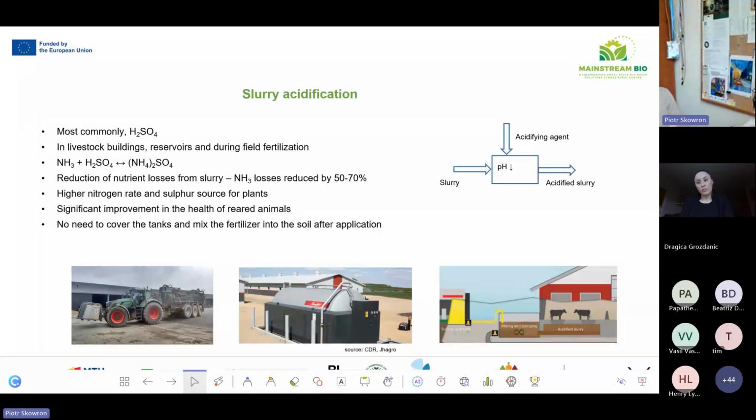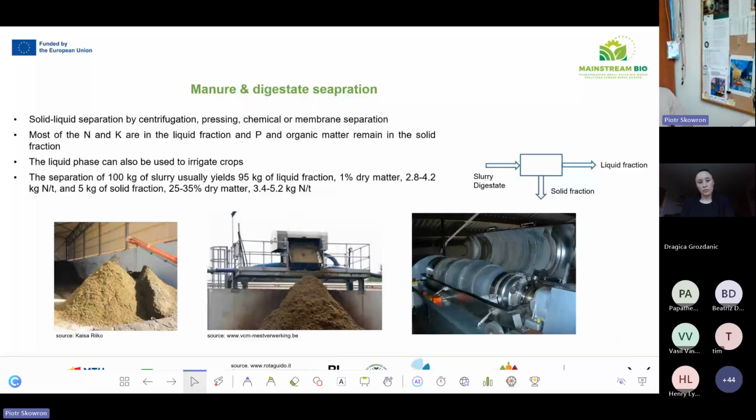We can use them in livestock buildings, reservoirs, during the fertilization process and at the field. The second nutrient recycling practice is, for example, manure or digestate separation. We have many methods for separation. We can change the form of our manure or digestate to one more practicable for our purposes.